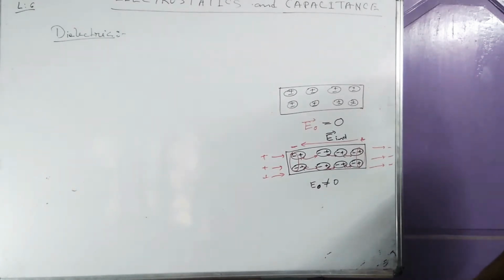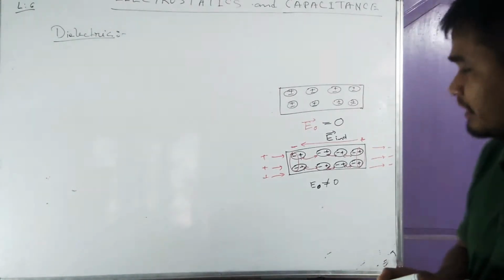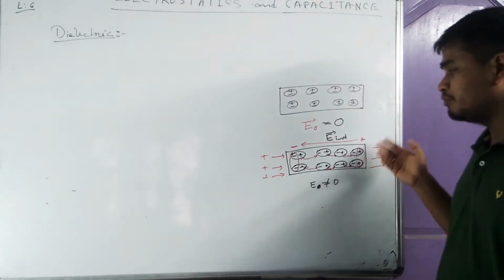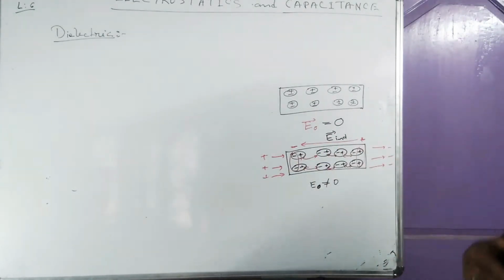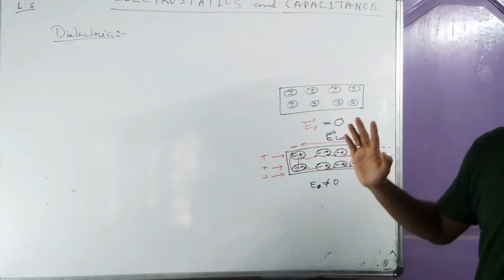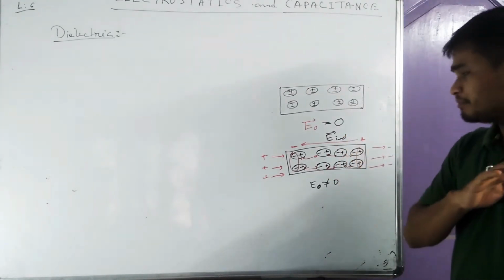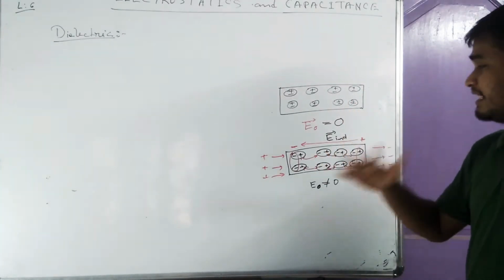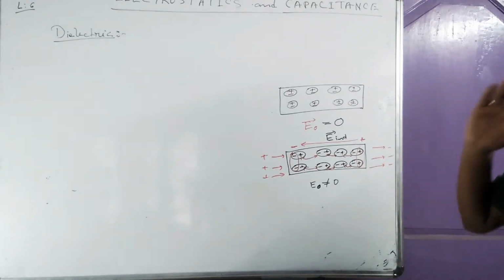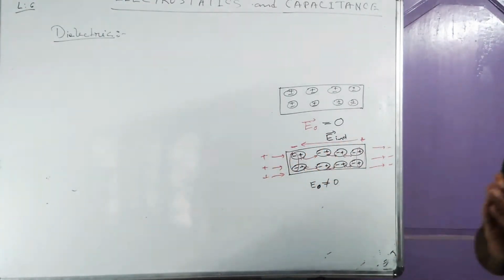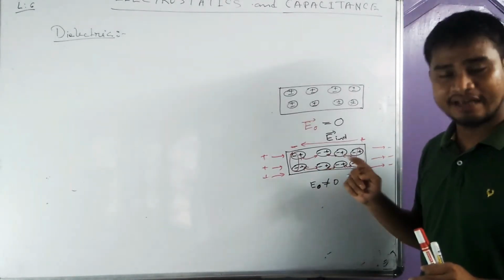We know that in a conductor, the free electrons will move from one side to the other. In an insulator there will be no such carrier, and the molecules of the insulator will not experience any electric field. In a dielectric there will be no free electrons, therefore current cannot pass through the dielectric.